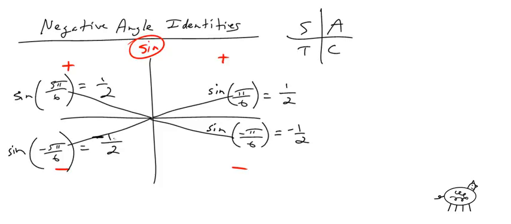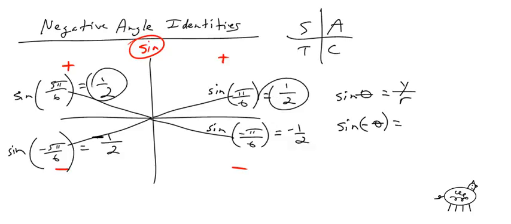All right, so we have some values here, positive and negative, and I want to make a little thought here. Sine of theta, do you guys agree it's y over r? And sine of negative theta, isn't the y value negative?